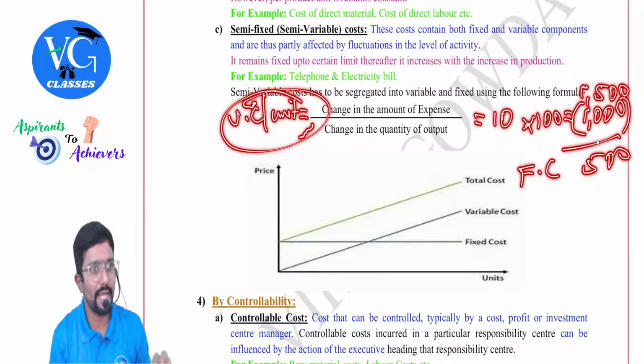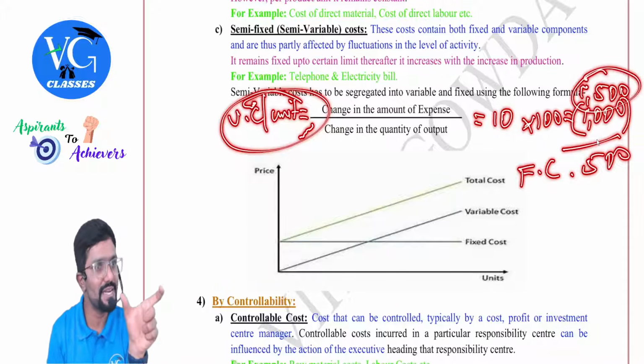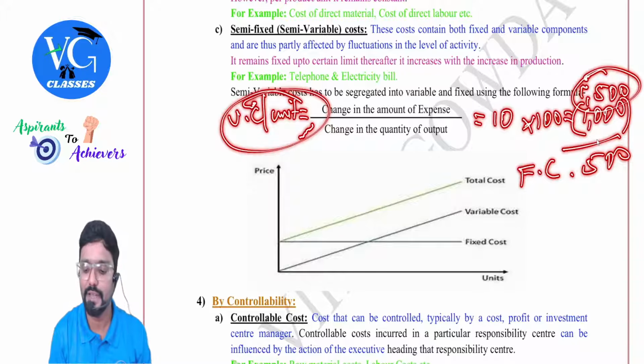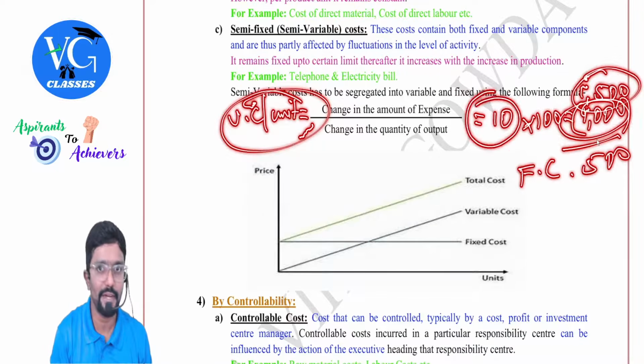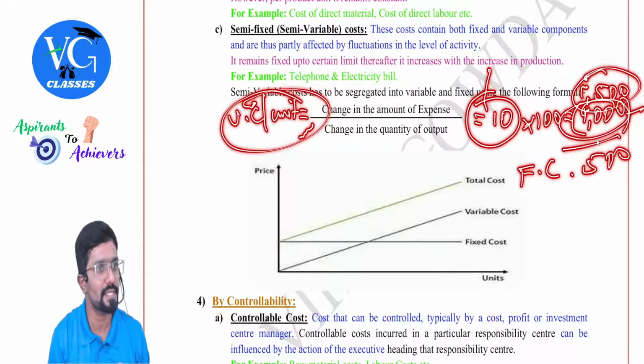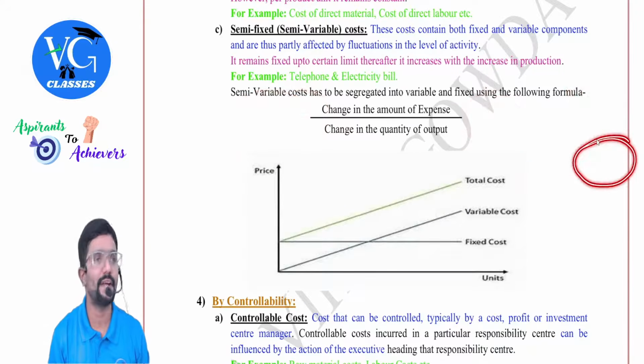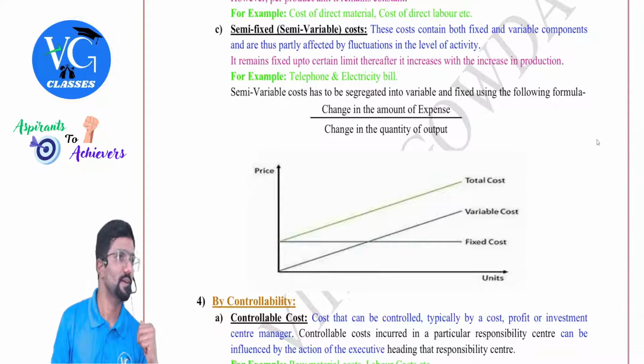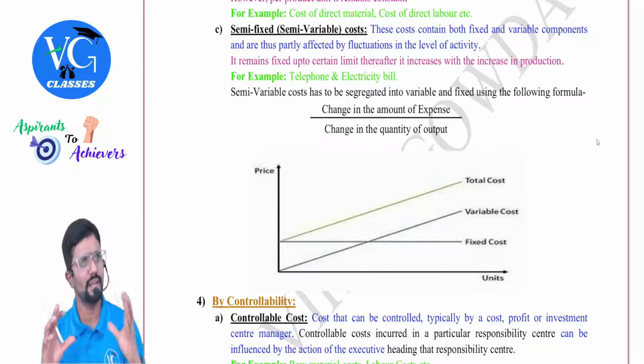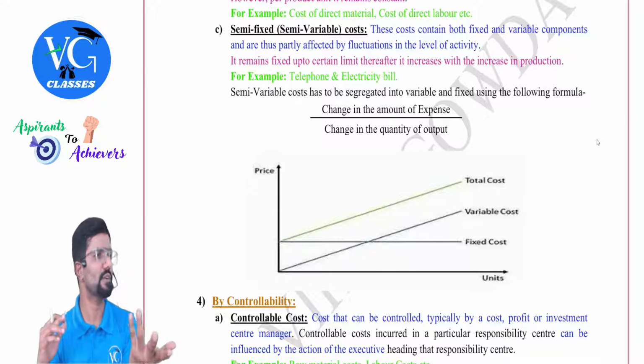Fixed cost. I repeat, 1500 is your total expense. In that, how much is variable? 1000. Sir, how did I get this 1000? Per unit, I find out first, multiply it with the number of units, and we get total variable cost as 1000. If I reduce 1000 from 1500, I get 500, which is the fixed element. Don't worry, we will consider this while solving the questions.